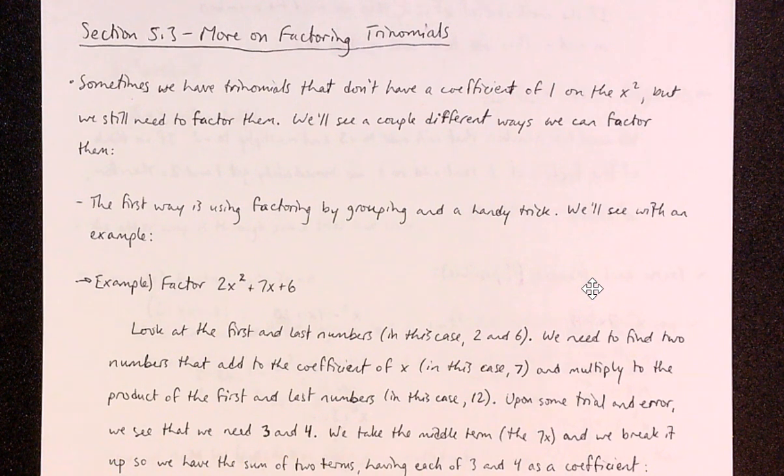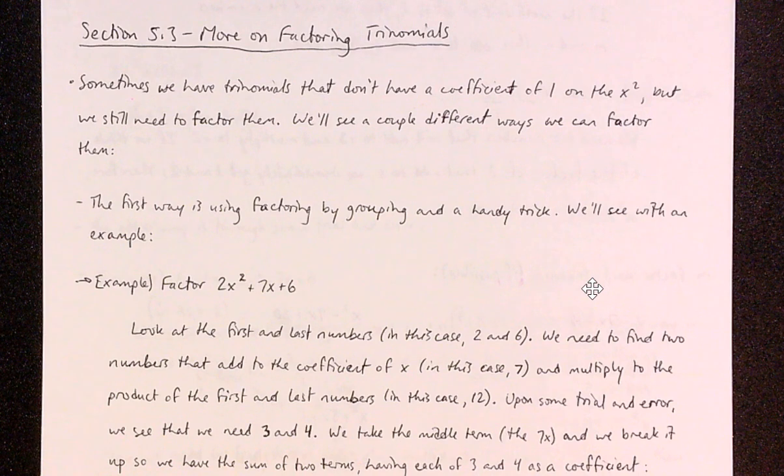But unfortunately, that's not always going to be the case. Sometimes we are going to see a trinomial that has a number in front of the x squared other than a 1. And we still need to see if we can factor them. So I want to show you a couple ways that we can factor these types of trinomials.